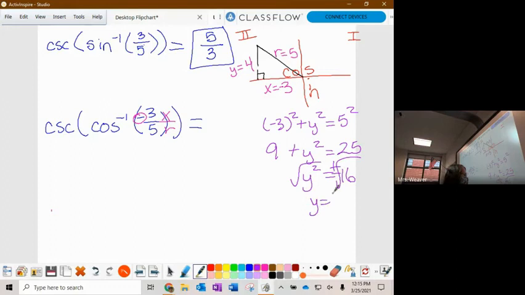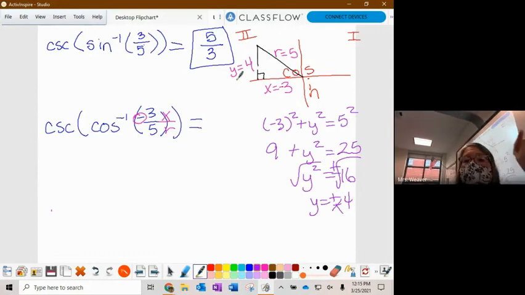So y is plus or minus 4. Would we want the positive or the negative one in the second quadrant for y? Right, y would be positive in quadrant 2, so we throw out the negative option, so y would be 4. So we can get it even without recognizing the Pythagorean triples. We give you Pythagorean triples sometimes to speed you up, okay?